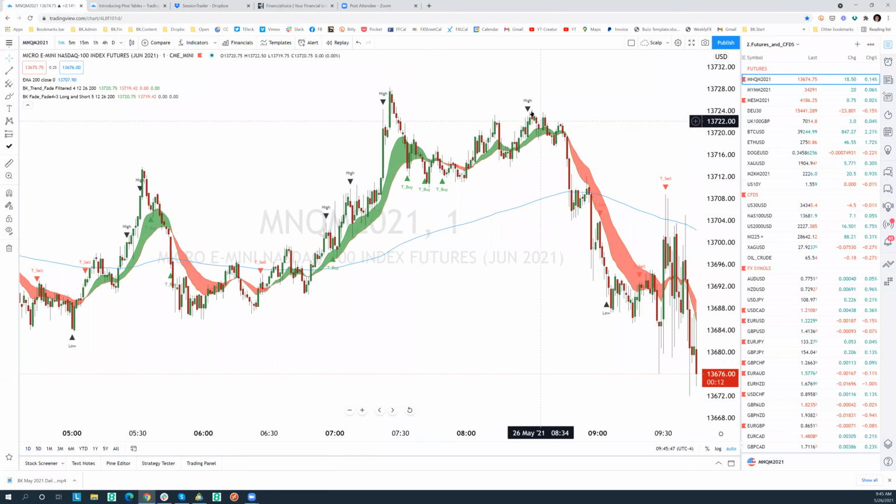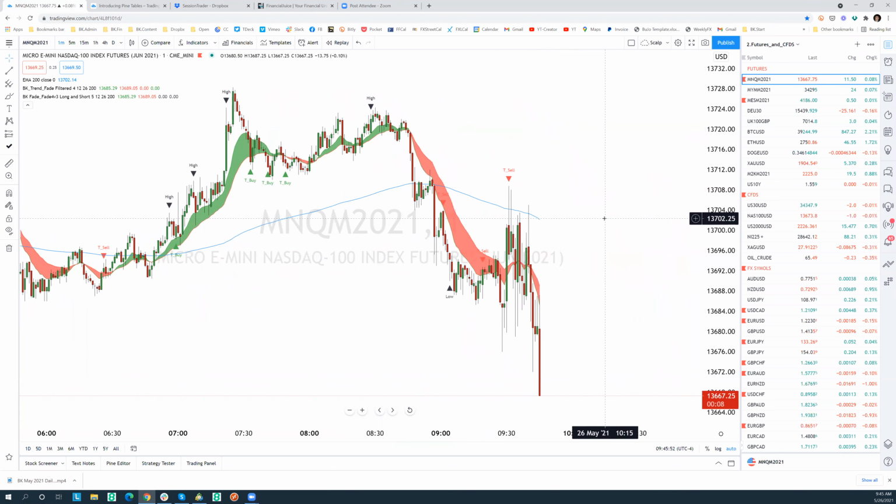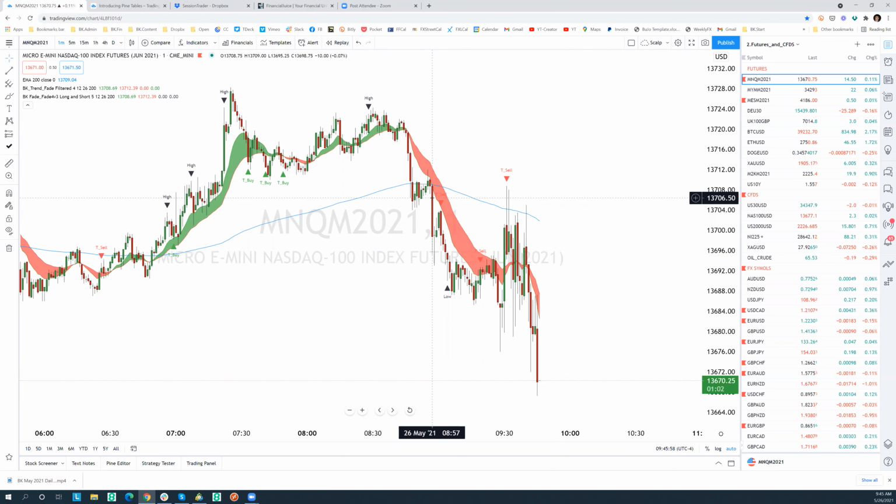Here was a high that did not give me a trade, so I didn't make the trade, which is great, because I avoided an unnecessary stop out. And that's the beauty of this whole thing: it's not going to print a buy or a sell if the trend changes to red, and it avoids the unnecessary buys or sells.